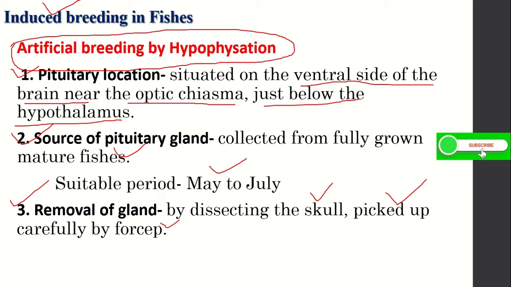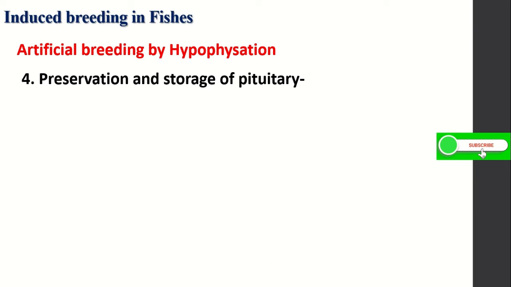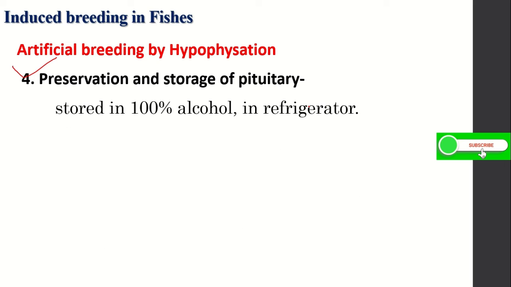In the next step, preservation and storage of the pituitary gland. After removing the pituitary gland, the gland is stored in 100% alcohol in a refrigerator at ordinary temperature.